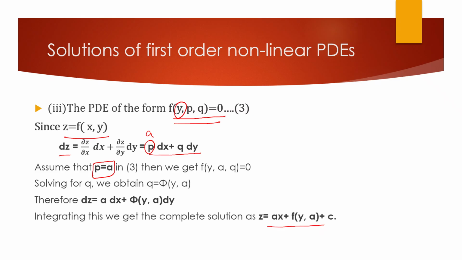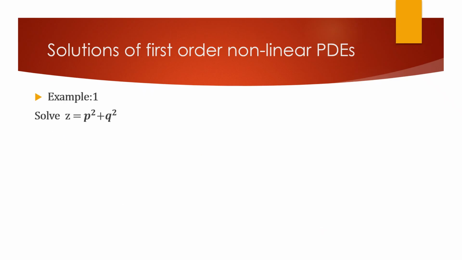Now we are going to see some examples for this third type of nonlinear PDE. This is our first example. Here, along with p and q, I have z, so clearly we can say that this is the type 3 form of PDE. In type 3, this is the first form, so this is type 3 form 1.